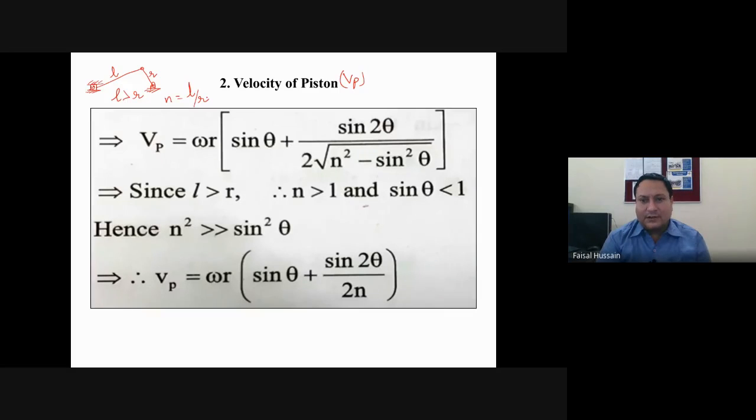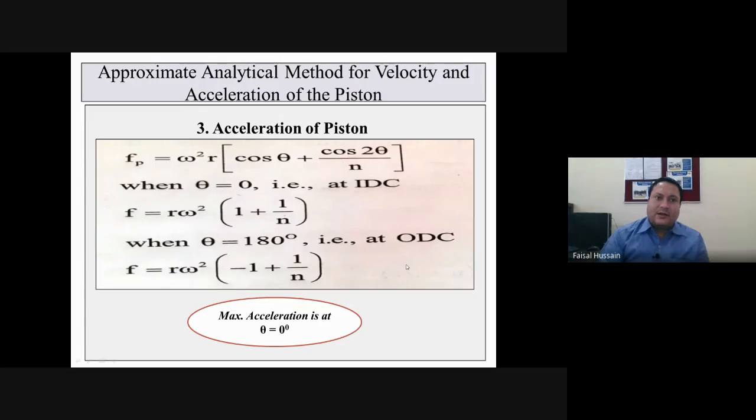So basically, the final equation for velocity of piston reduces to Vp equals omega r into sine theta plus sine 2 theta upon twice n. These terms get cancelled out. Taking n square outside, n remains, so this is the expression for velocity of piston.